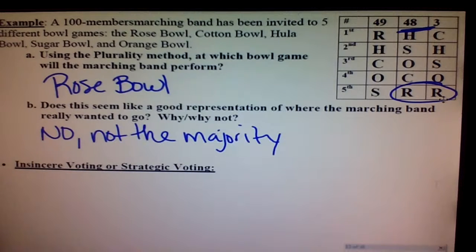Let me go back to the presidential election. I was not the one that did the insincere voting. So you had Clinton, you had Trump, and you had your third party. The third party was my favorite, out of all of them. So if I was going to be insincere, the third party never wins.